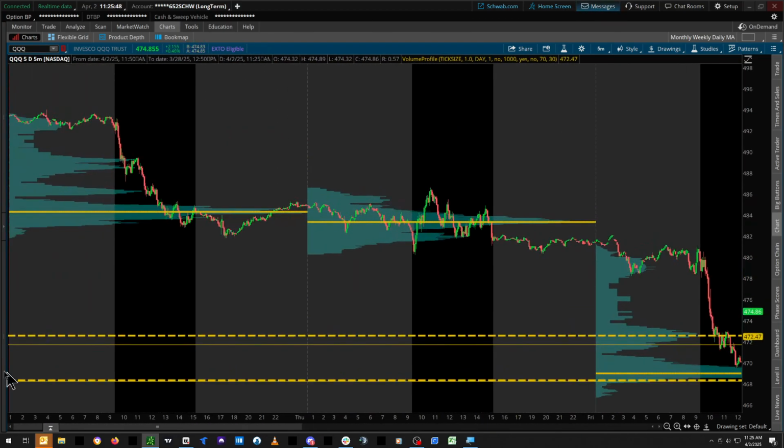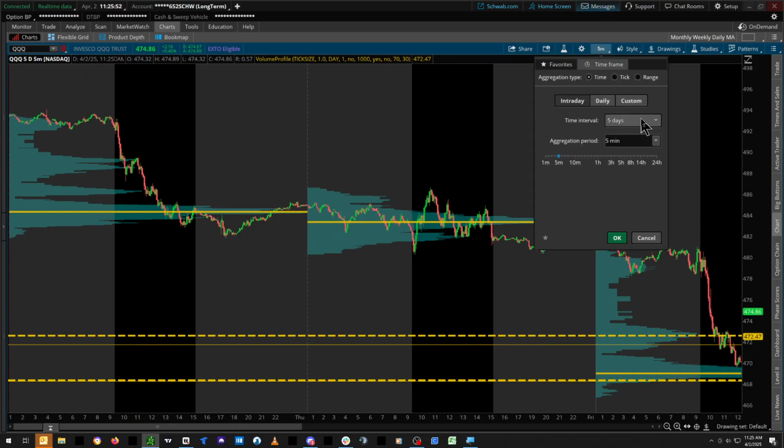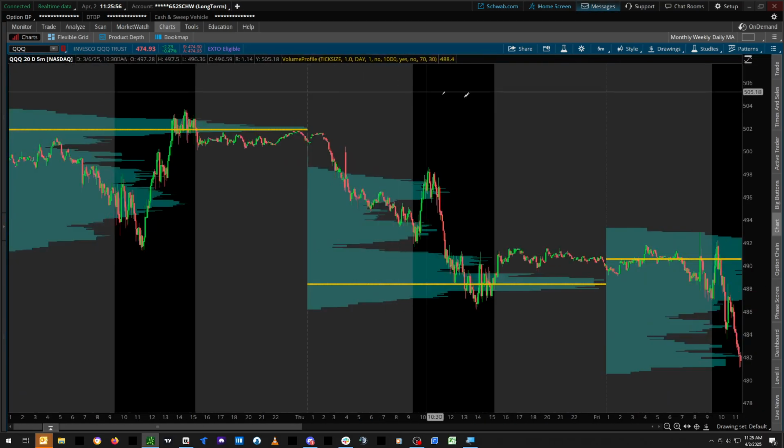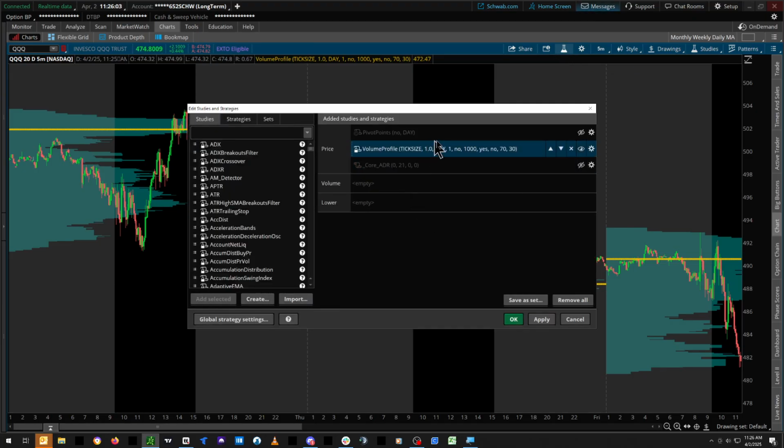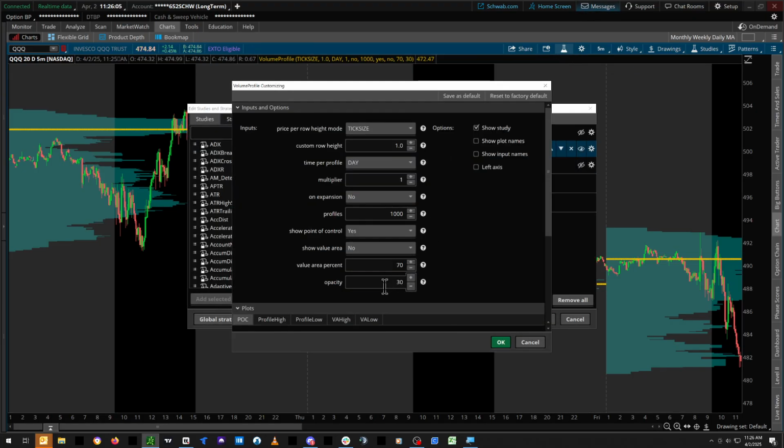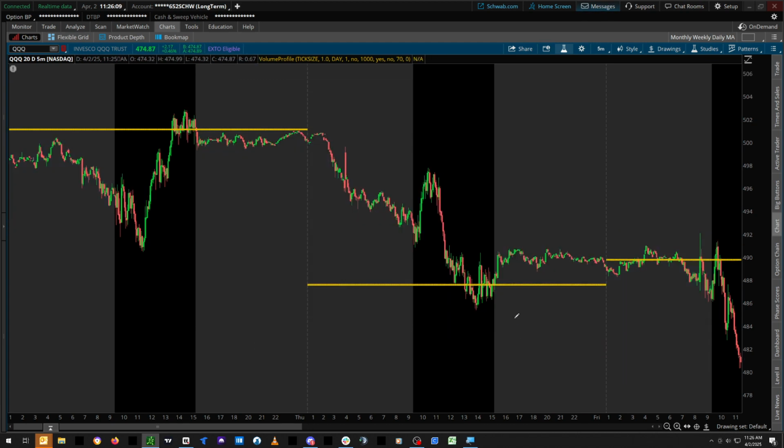So when we go back over here, let me mark this, I'm just going to use an arbitrary number. And just so that it's clearer to see, I'm going to take the value areas off. All we're going to see is the yellow lines.